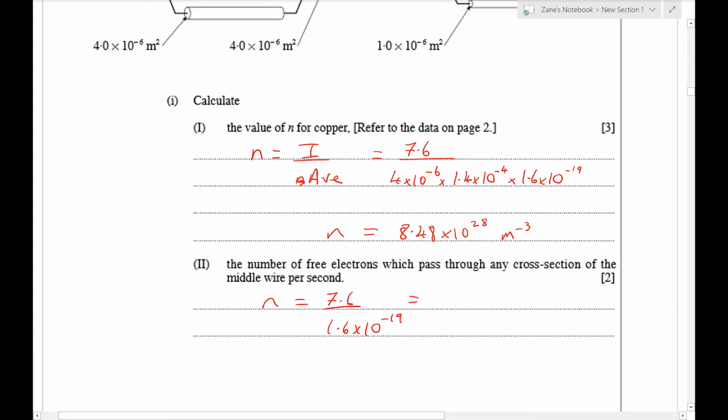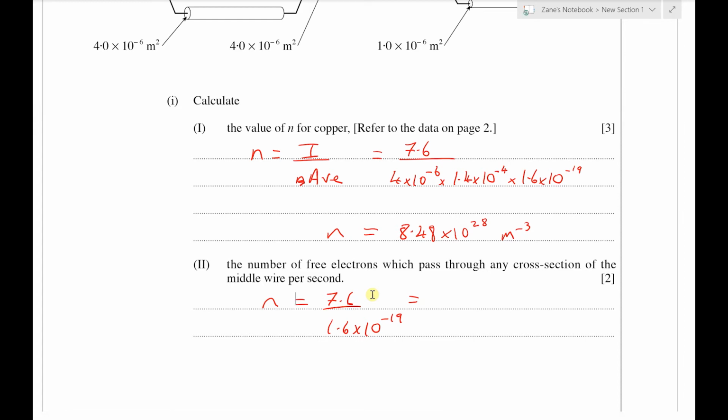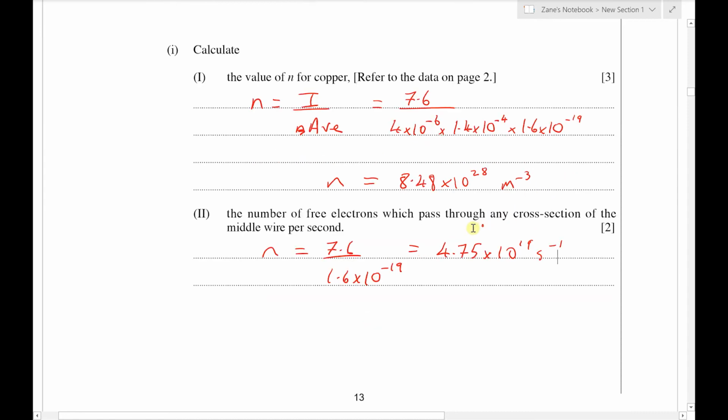That will give you basically the total charge per second divided by the charge of each individual particle, in this case electron, that's flowing through there. So putting those figures into the calculator, we get 4.75 times 10 to the 19. Units would be per second.